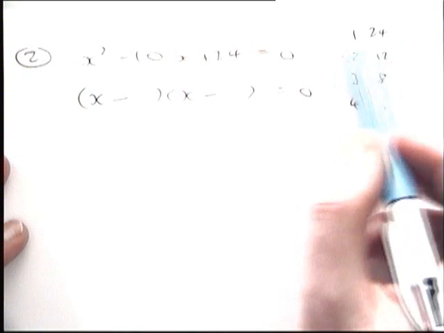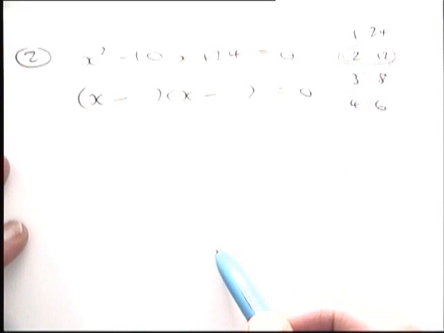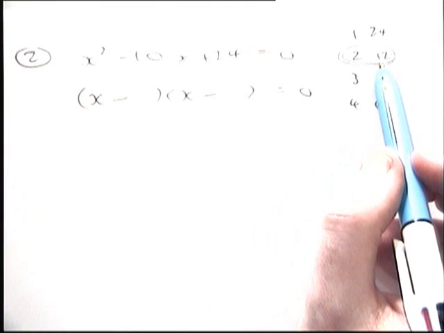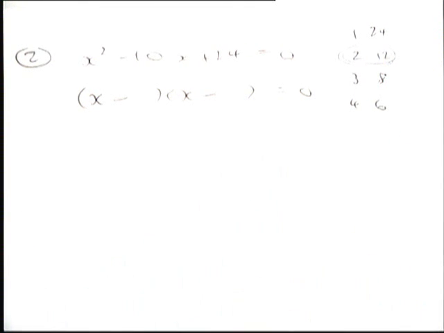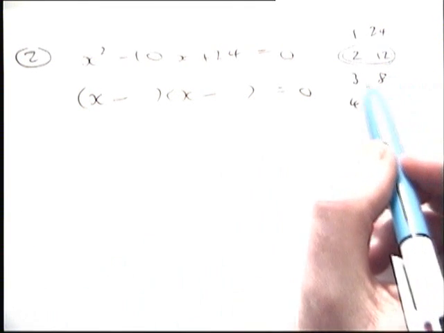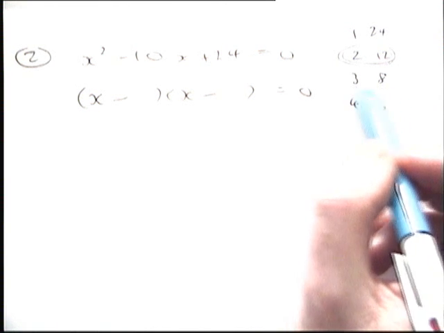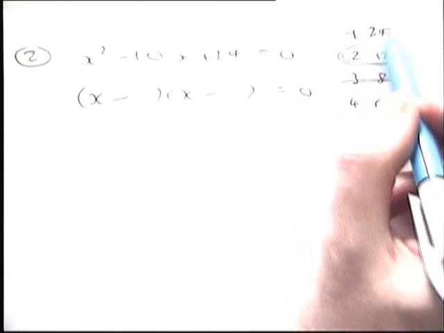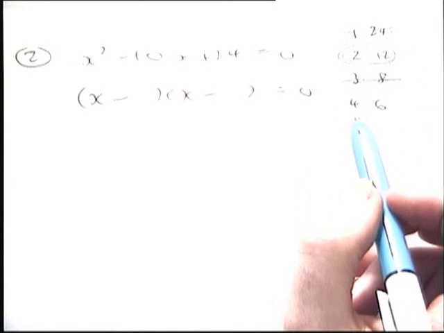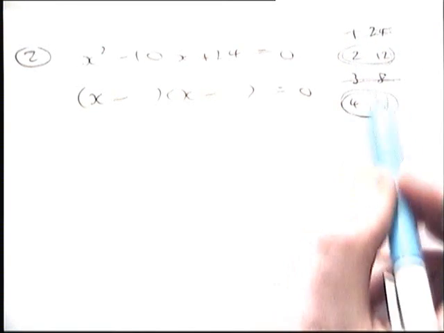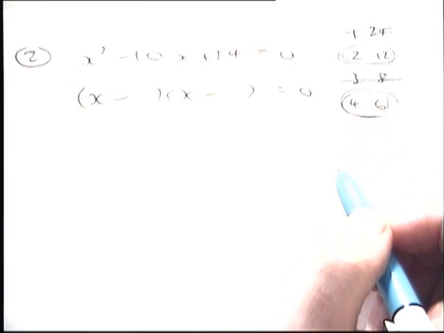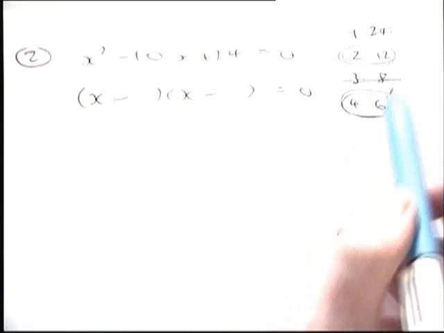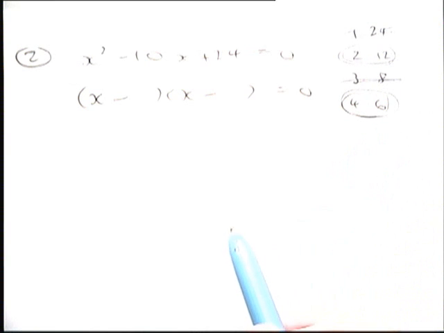If I add or take those, I can get 10. I can get 10 from doing 12 take 2. 3 and 8, I can get 5 or 11 if I take or add with that one. So that one's not helpful. And down here, I can get 10 by doing 4 plus 6. That's okay. So I've got two options here where I could get 10.